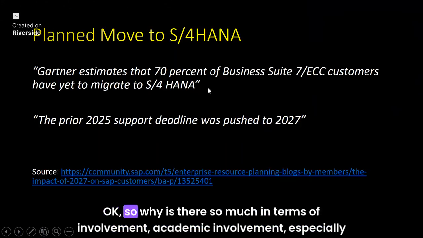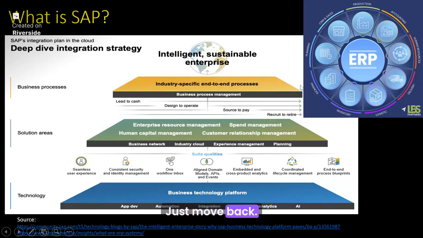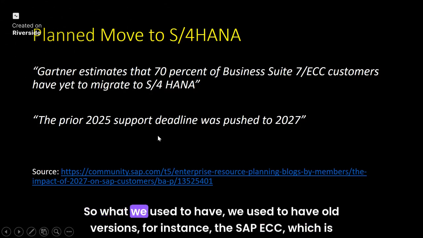Okay, so why is there so much academic involvement, especially with regards to SAP S/4HANA? I'll just move back. When we are talking about the SAP ERP system, Enterprise Resource Planning, we used to have old versions, for instance, the SAP ECC.